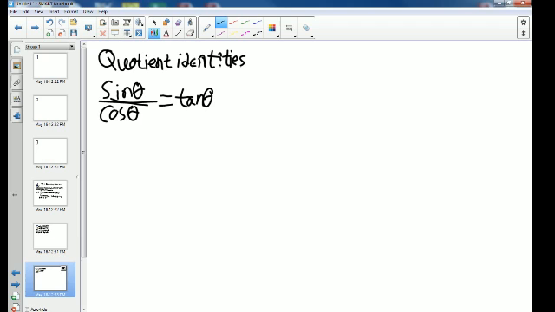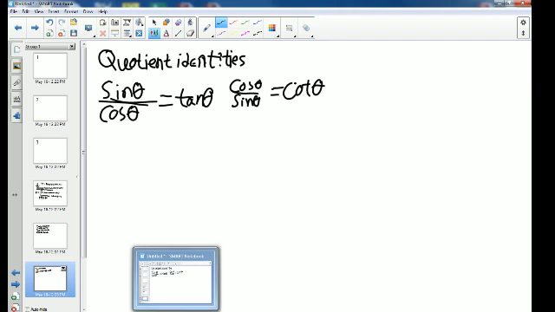This would work the same for cotangent actually. Just by looking at it, what do you think cotangent would be? Because tangent is 1 over cotangent, and tangent is sine over cosine. So cotangent would be cosine theta over sine theta. It's just the reciprocal.